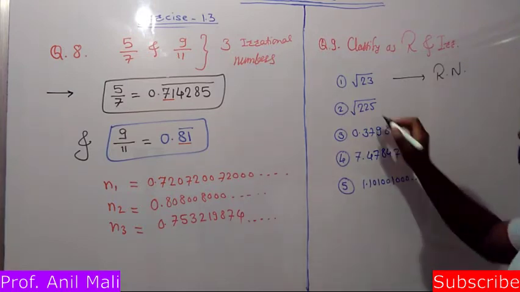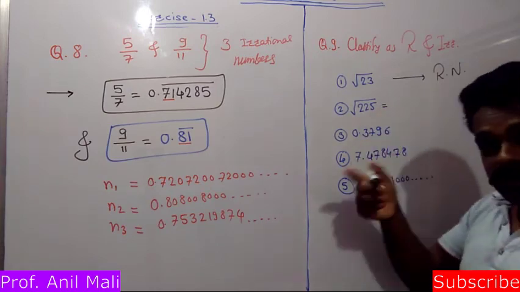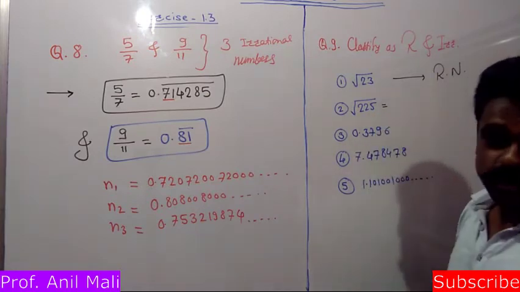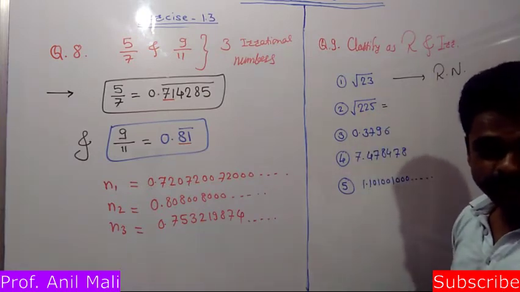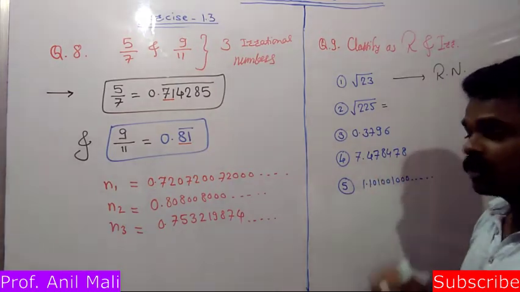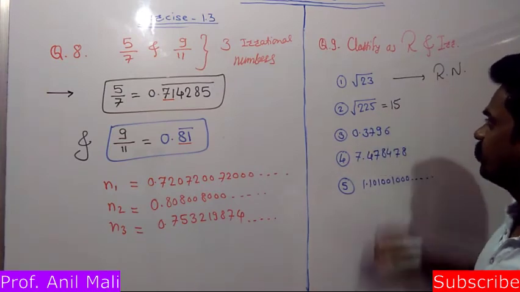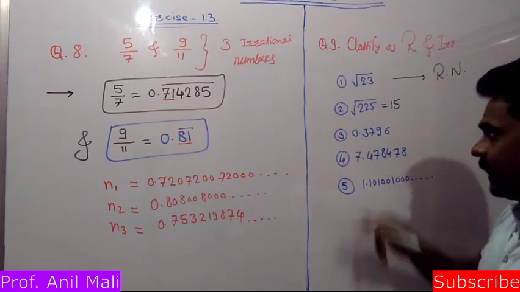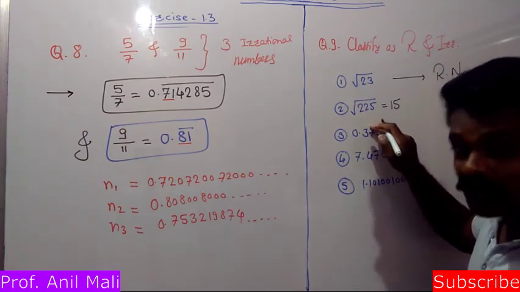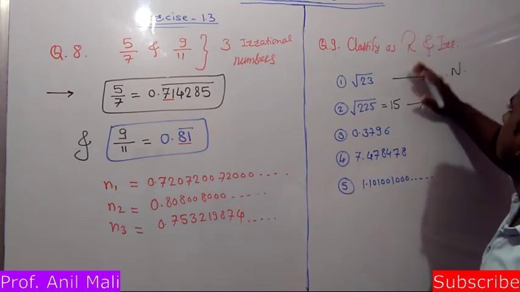Now root 225. The square root is there, but the number inside the square root, 225, is a complete square of 15. 15 square is equal to 225. So the answer is 15, and hence this is not an irrational number. Sorry, I have written it wrong here.